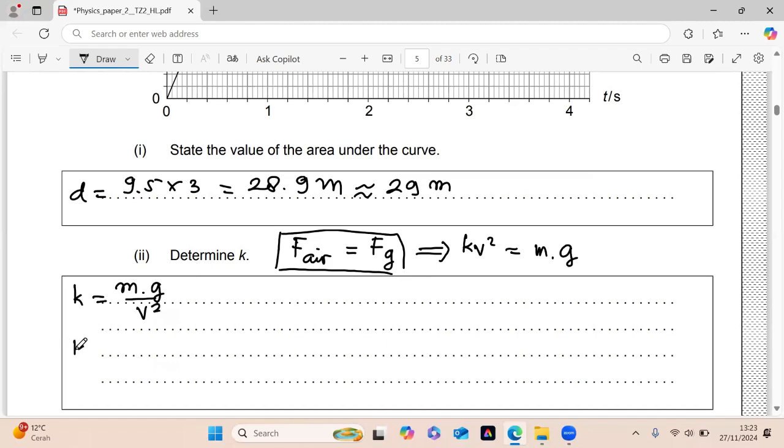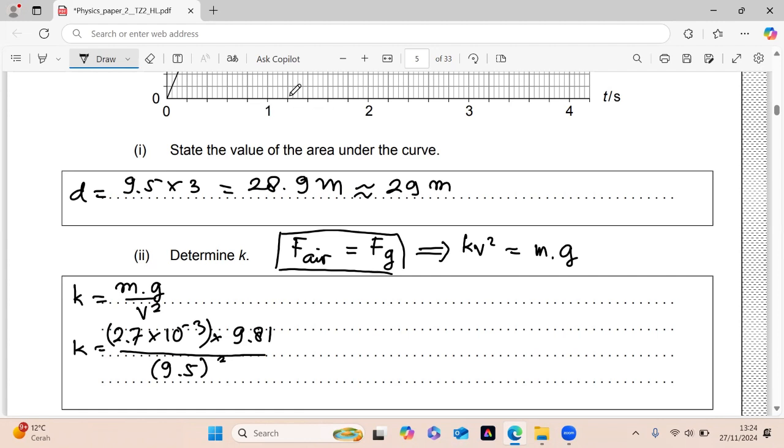So K equals, M is 2.7 times 10 power minus 3, G is 9.81 gravitational force, and V is 9.5 squared. Why 9.5 squared?